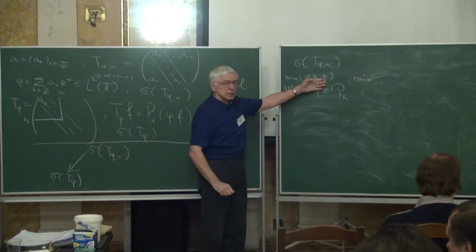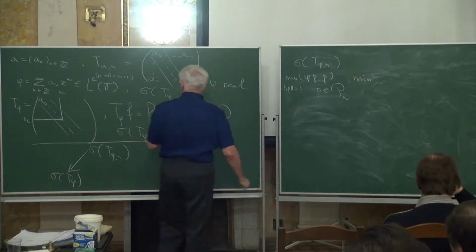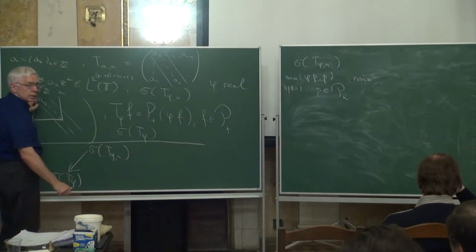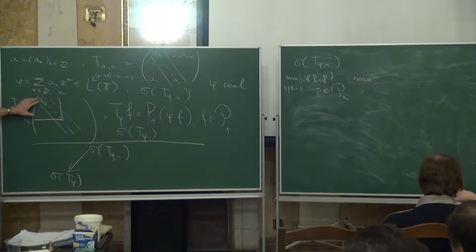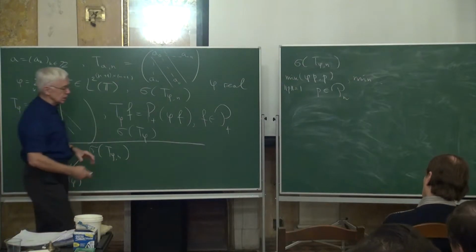And if we consider here, we are not located in this corner, because it's a Toeplitz matrix, and this matrix can be shifted.